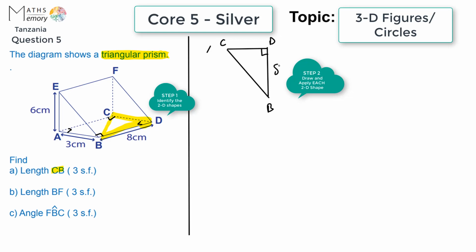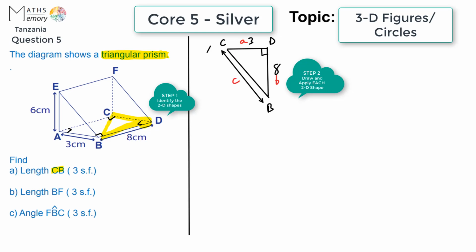What do we have? DB is 8, and we also have CD, which is this one over here, which is 3. So it's basic Pythagoras: a squared plus b squared equals c squared. We'll simply call one of them a, this one b, and this one c. Very simple.